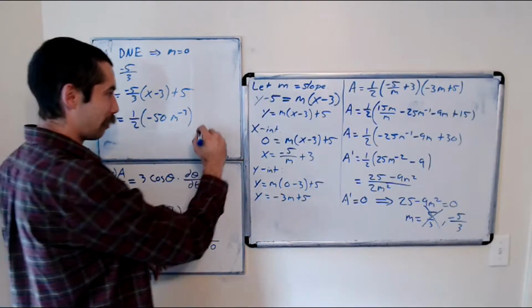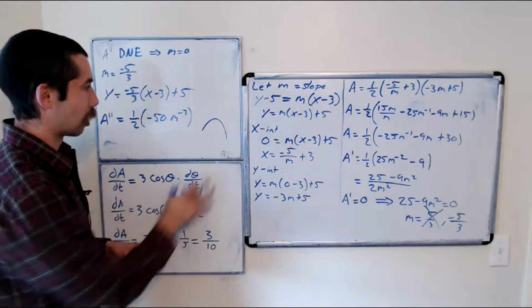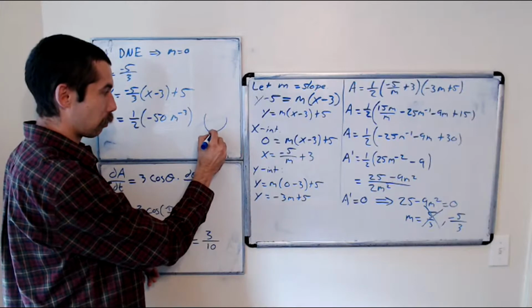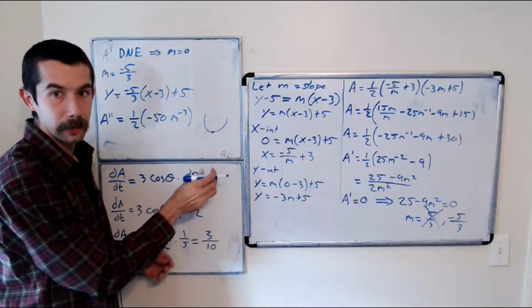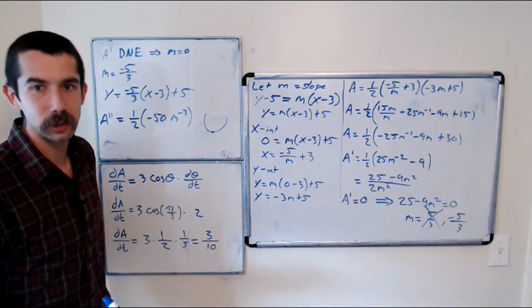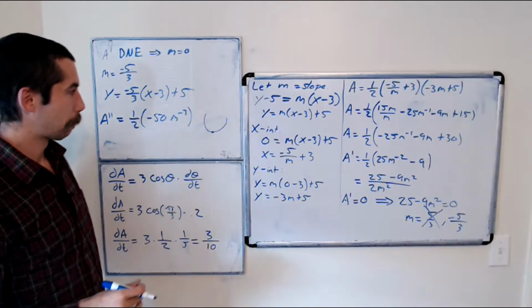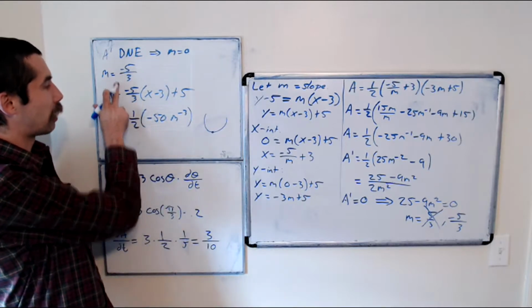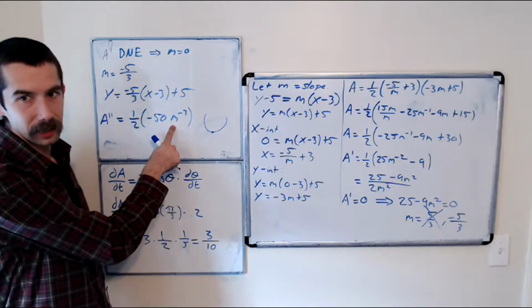Positive second derivative means concave up. So the critical number would be a minimum, which is what we were hoping for. So yeah, we could use the second derivative to check that this truly is a minimum. Right, because if we were to plug in m equals -5/3, we'd have a negative times a negative, which is a positive.